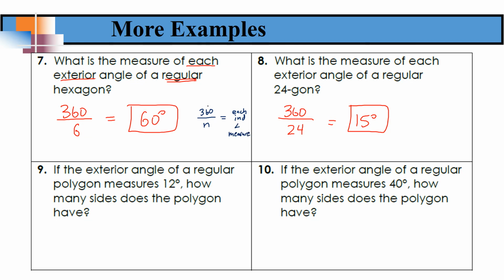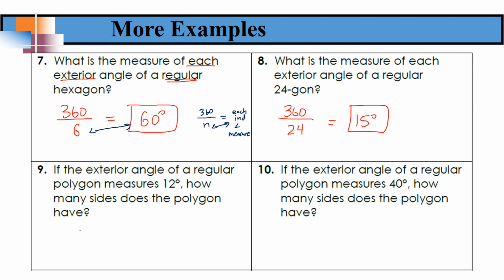If 360 divided by n gives us each individual angle measure, couldn't we flip-flop these? Just as 360 divided by 6 gives us 60, couldn't we also say that 360 divided by 60 gives us 6? These two can flip, just as these two can flip.